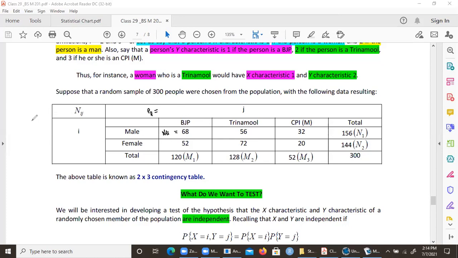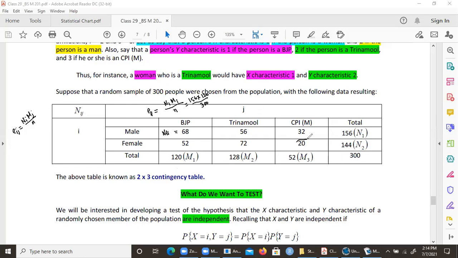Using the formula that Eij is equal to Ni Mj by n, we consider N1, we consider M1, we multiply N1 by M1, and we divide by n, which is 156 into 120 by 300. And that gives the tabulated value, which I'm going to show below.